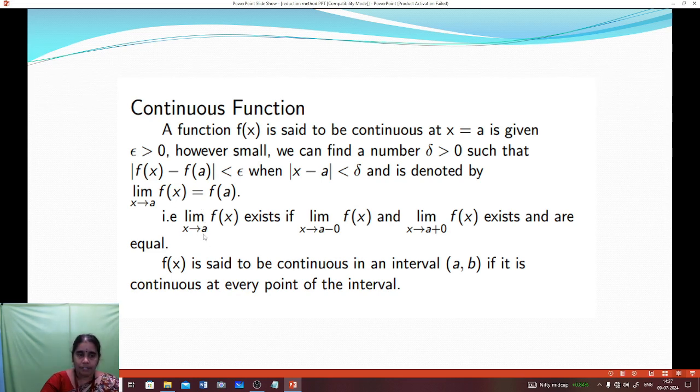That is, if the limit exists, then limit x tends to a minus of f of x and limit x tends to a plus of f of x exist, and both are equal. If the limit exists, it means both of these are equal. A function f of x is said to be continuous in the interval a comma b if it is continuous at every point of the interval. Whenever a function is continuous at every point within a and b, the function is said to be continuous.